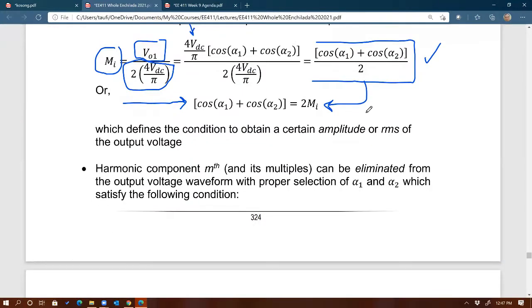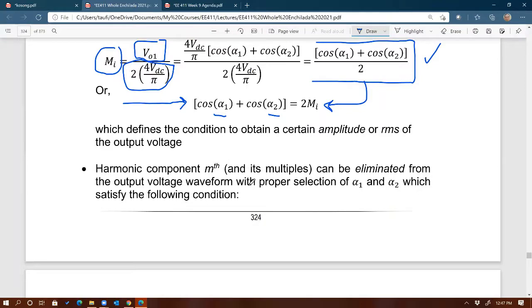That's one criterion. Another criterion is that we would also like to be able to choose a certain harmonic number from alpha 1 and alpha 2 and get rid of that harmonic. Remember the noise I was talking about, for example, the third harmonic. So a harmonic component and its multiples can be eliminated from the output voltage waveform with proper selection of alpha 1 and alpha 2, just like the modified square wave we had in EE411.